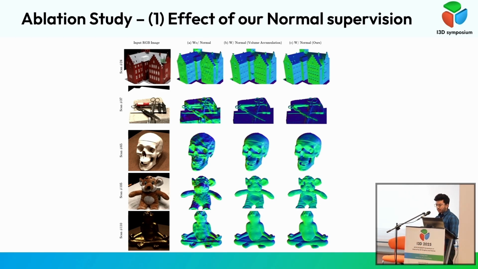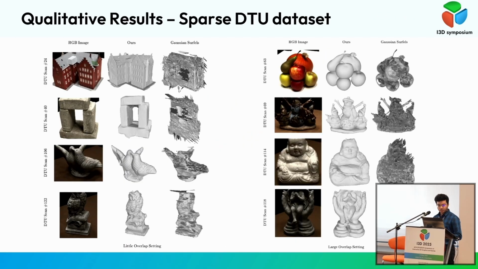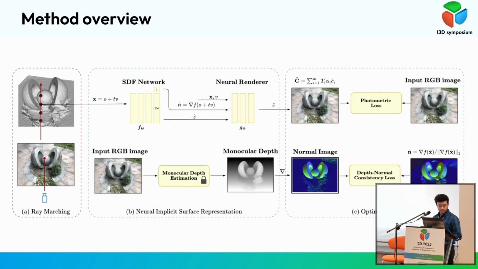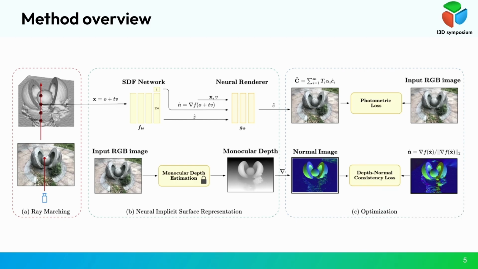Since we have SDF values for each and every sample point, let me show this figure. Right, so here for a particular pixel, we have sampled n points along that particular ray. We have an SDF value for each and every 3D point using our SDF network.